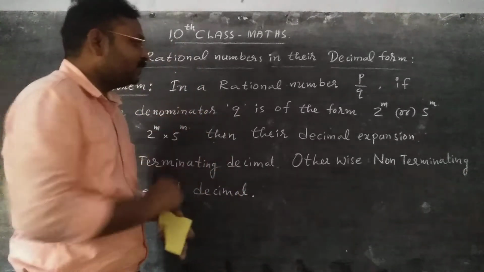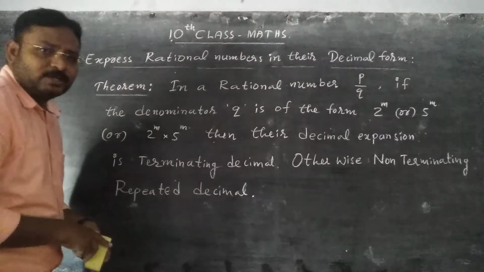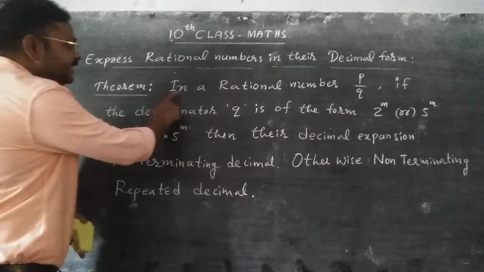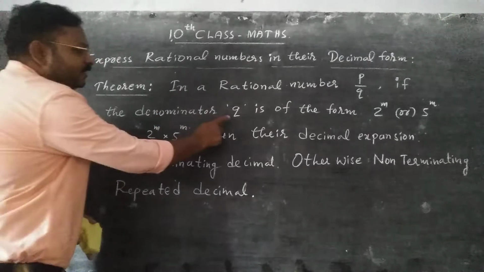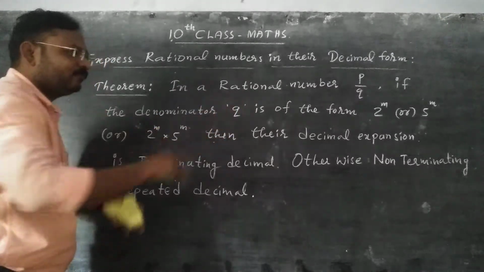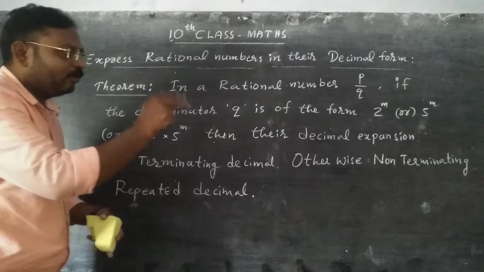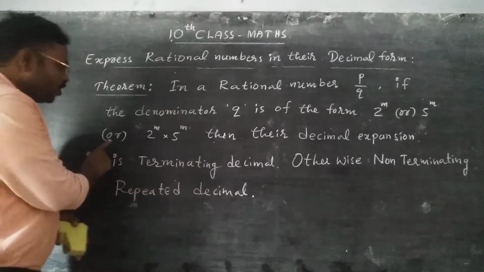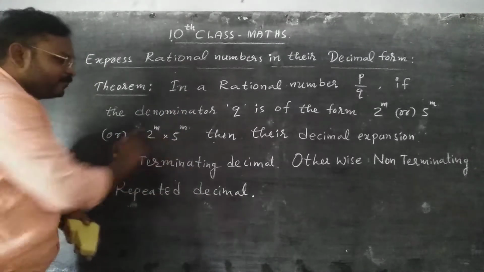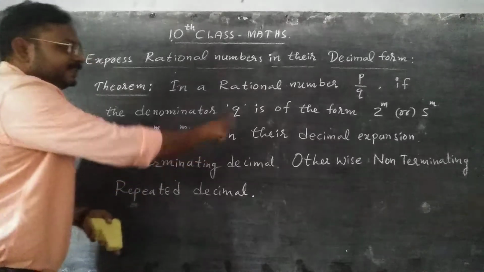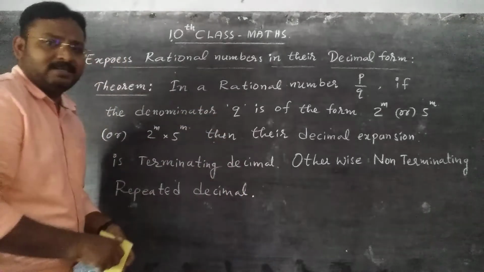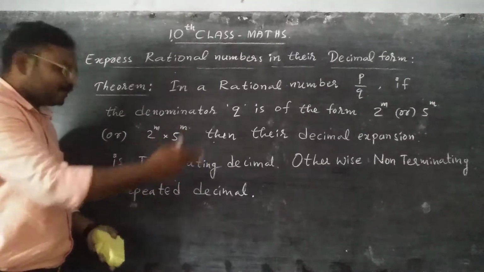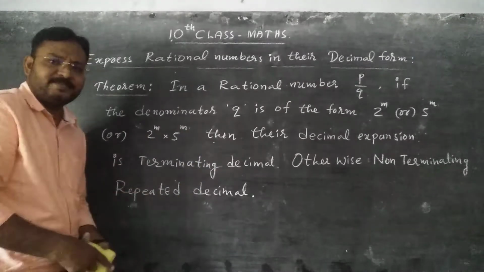This is the theorem I wrote on the board also. Look at the board. In a rational number p by q, if the denominator q is of the form 2 power m or 5 power m or 2 power m into 5 power n, then the decimal expansion is terminating, otherwise non-terminating repeating.